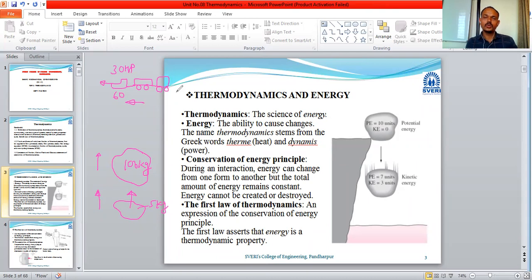In that also, the energy can change from potential energy to kinetic energy, from kinetic energy to mechanical energy, from mechanical energy to electrical energy. Correct? Yes, sir.